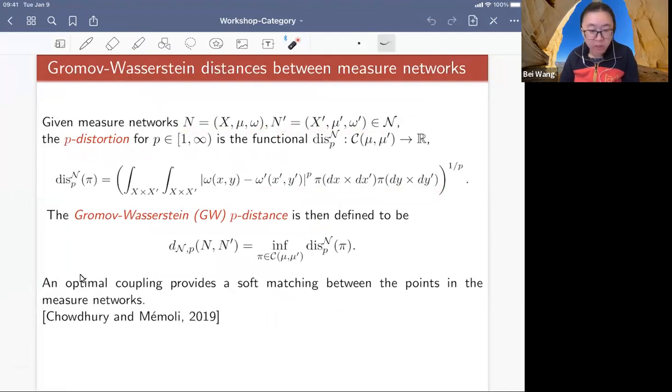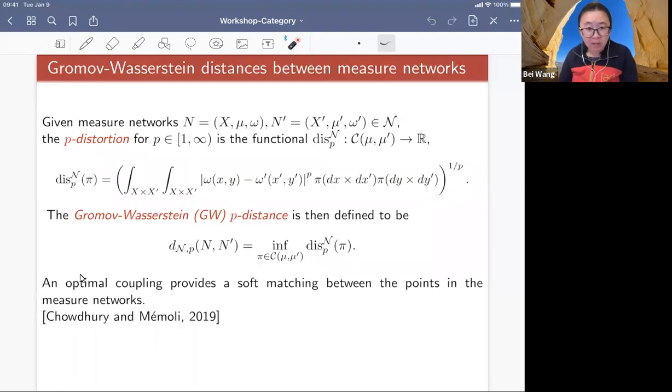So the GW distance tries to find the optimal coupling to minimize the distortion. The effect of this distance in our current context is that if you achieve the optimal coupling, it gives a soft matching between the nodes in the measure networks. Okay, so this is a fairly classic optimal transport formulation.